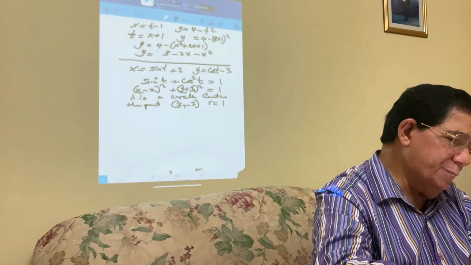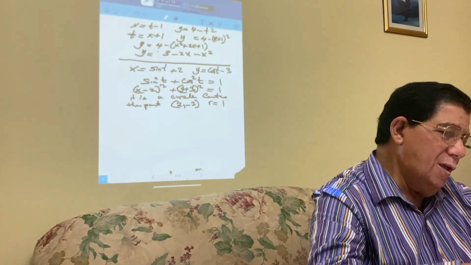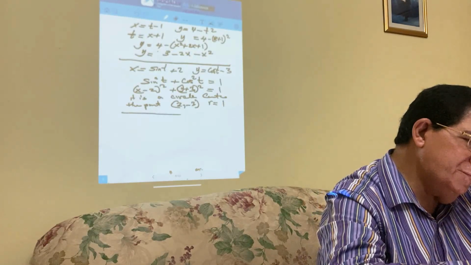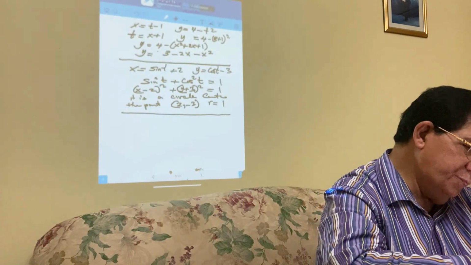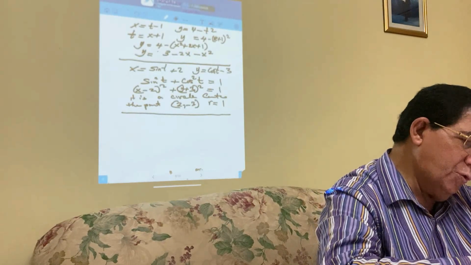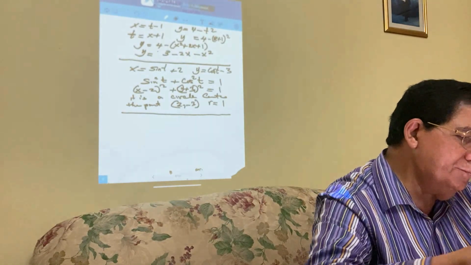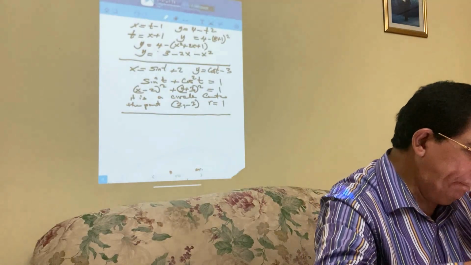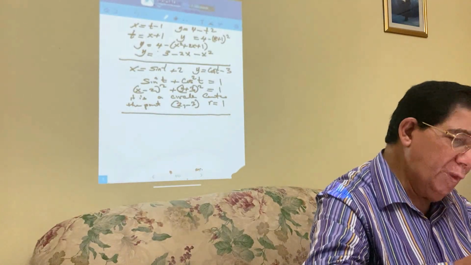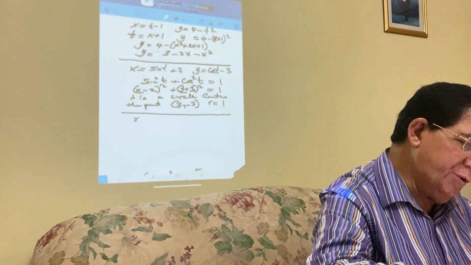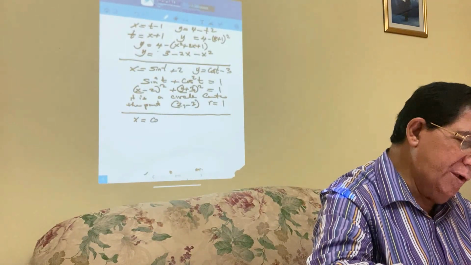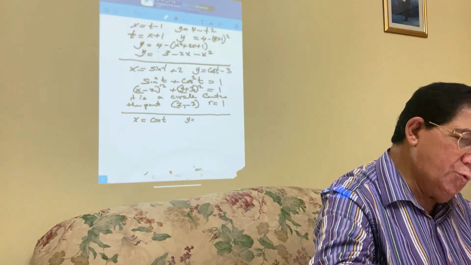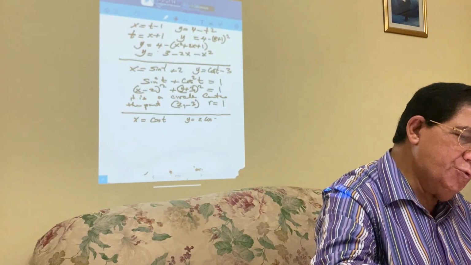Another example. If we are given a parametric equation like x equal cosine t and y equal 2 cosine 2t.